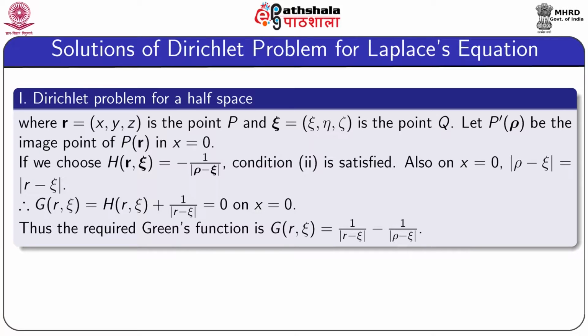For that, we consider a point P dash having position vector rho such that it is the image of the point P about the plane x equals 0.